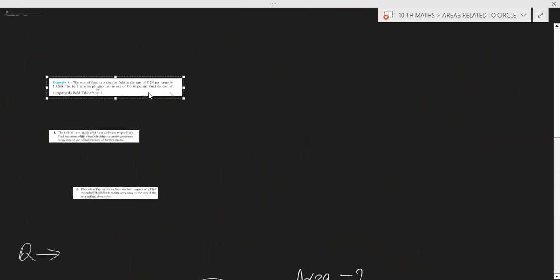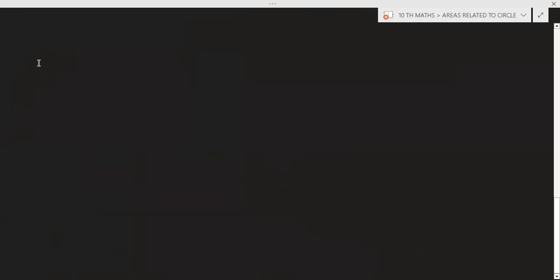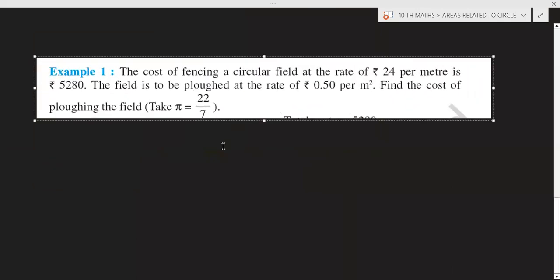Now we'll do one question from the NCERT, example number 1. They are saying the cost of fencing a circular field at the rate of 24 per meter is 5280 rupees.